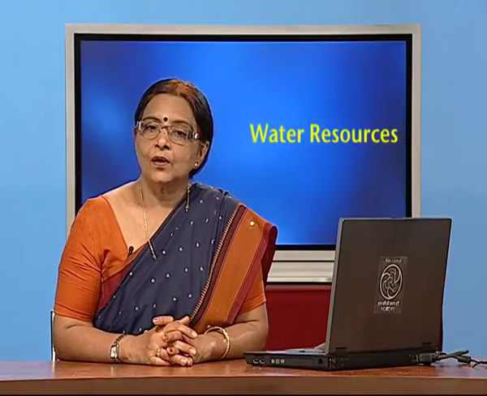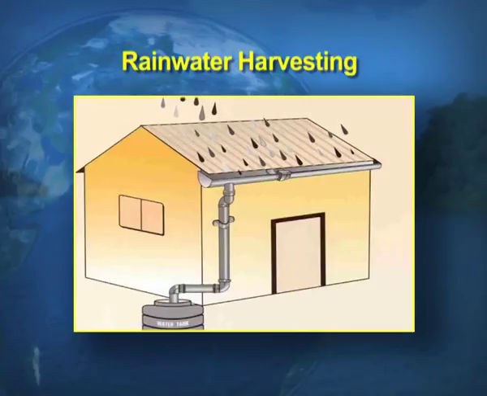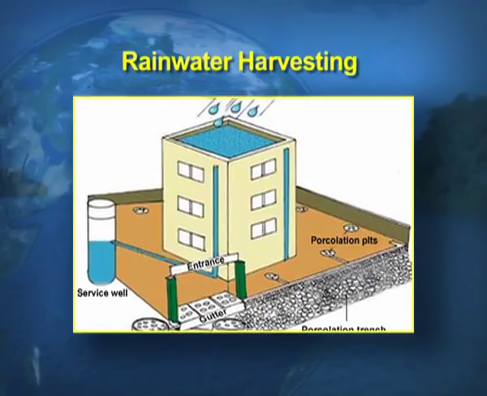So children, on your screens you can see a collection of roof water in the tanks through which we can have rainwater harvesting. This is another visual which shows rainwater harvesting and the water getting into the percolation tanks, and the water recharges the ground level, which helps to increase the water table level of the underground water.